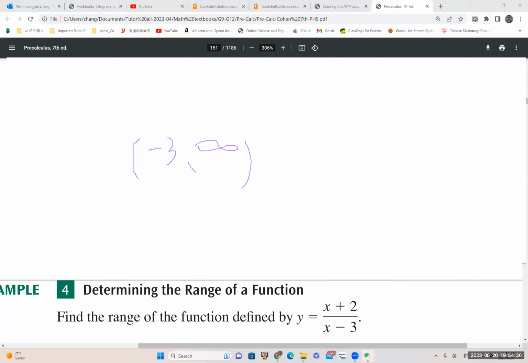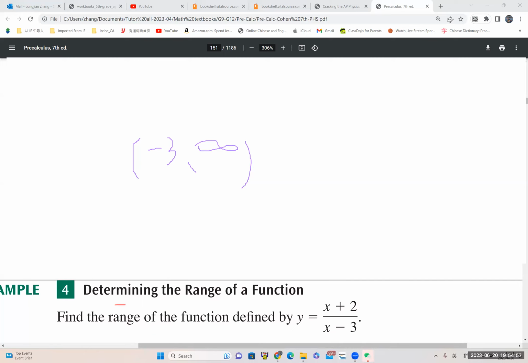Ray, you already finished, right? You mean -3 to infinity. Neil, you think by yourself. Don't take it for granted that Ray is correct.